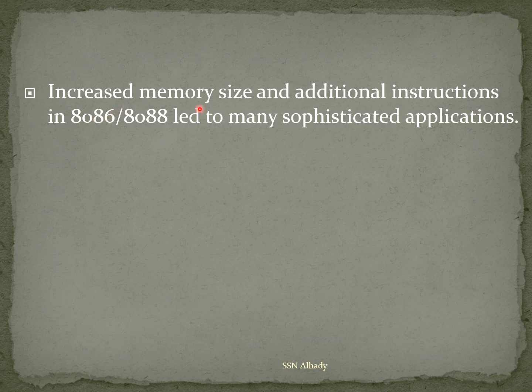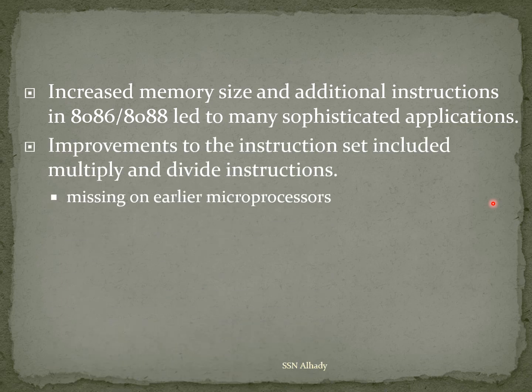Okay, increased memory size and additional instructions in the 8086 led to many sophisticated applications being used. Improvements to the instruction set include the multiply and divide instructions, which the previous microprocessors didn't have.